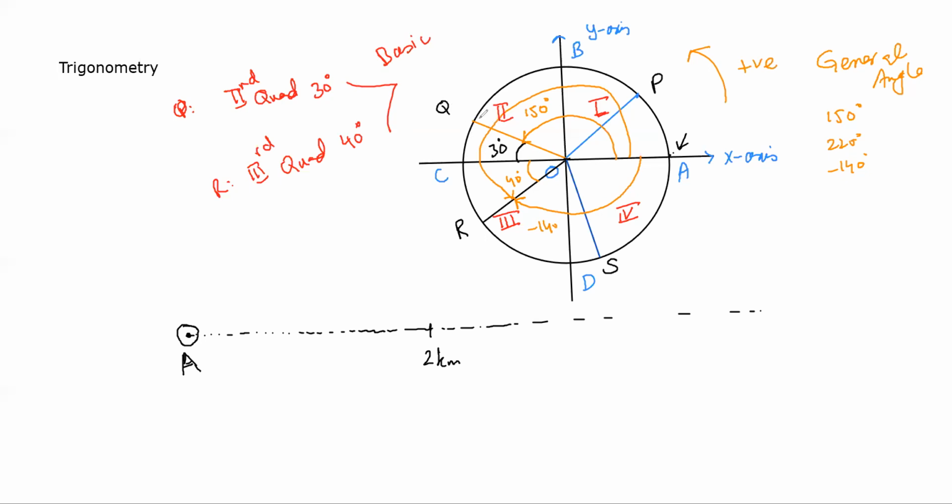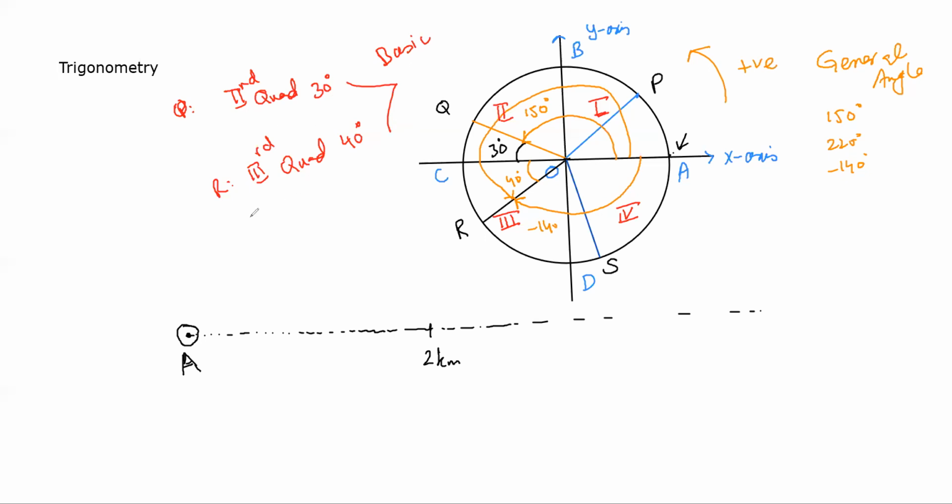Like this Q is in the second quadrant, so you're taking this angle from the x-axis of the second quadrant, that is 30 degrees. There is no clockwise or anti-clockwise case in the basic angle. You only have to tell in which quadrant your point is, and what its angle with the x-axis is. Please remember, in both cases, the angles are determined from the x-axis.